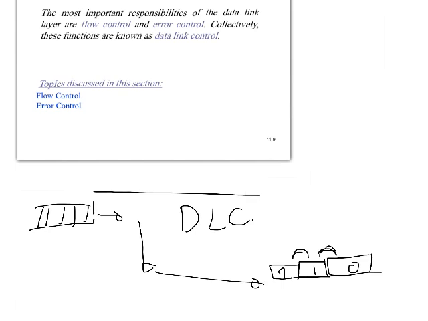So if the frame does not arrive at the receiver, what will happen? The sender will wait and wait and wait. And then after some time, after some kind of a timeout, it will assume that the frame did not arrive at the receiver.